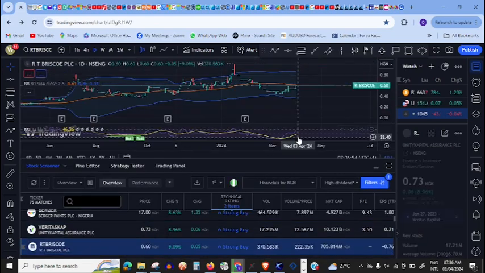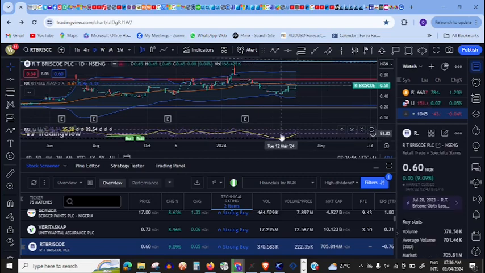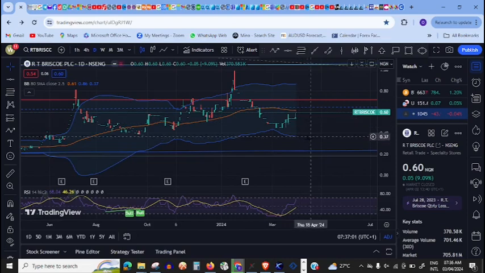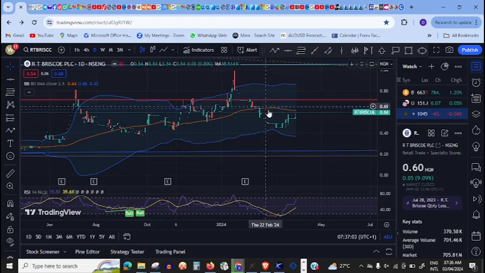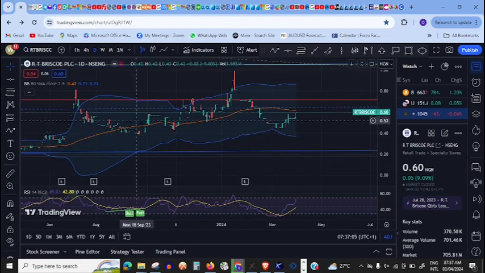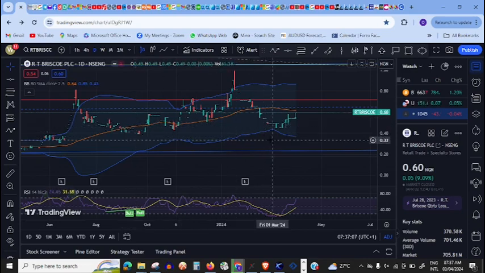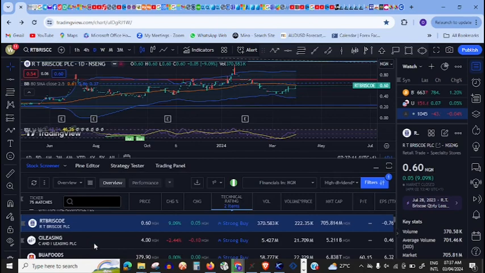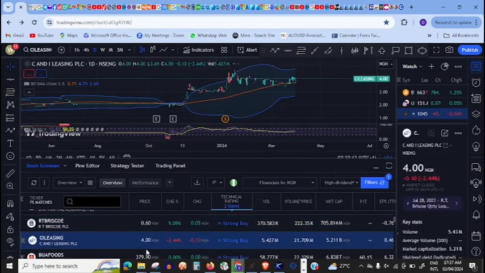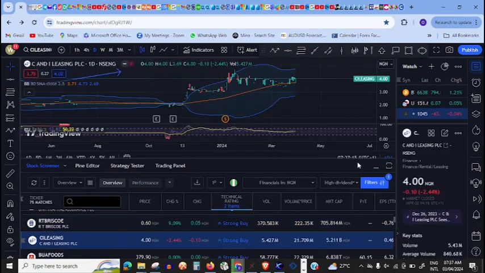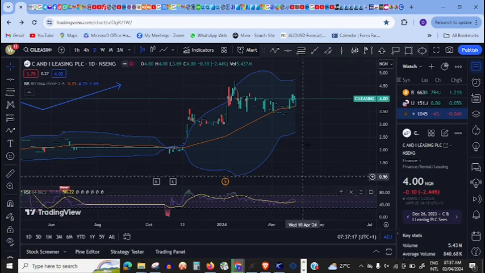RT Briscoe. RT Briscoe is almost hitting the overbought region. I'm not saying it will not go higher, but it has already broken the midpoint of the band. It's already hitting, so let me just leave that one out. Seplat, sorry, C&I Leasing. For C&I Leasing, you see that there's a rejection of this level.